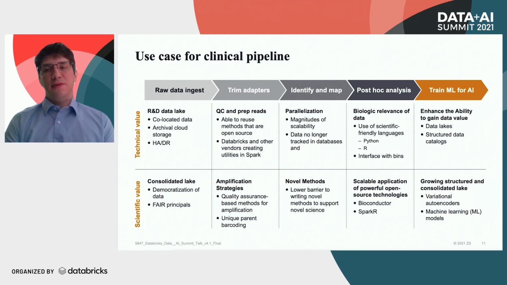Scalable applications. As we have that growing data lake, we're able to develop analytic and visualization applications on top of that. And again, having the growing structure of a consolidated data lake that can be reused across multiple domains.